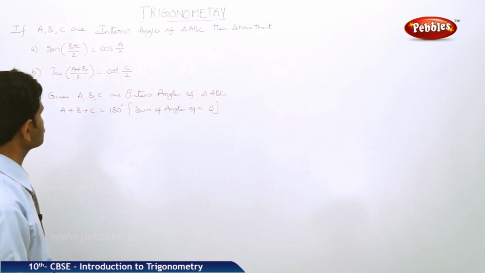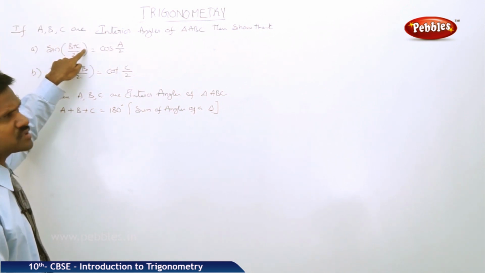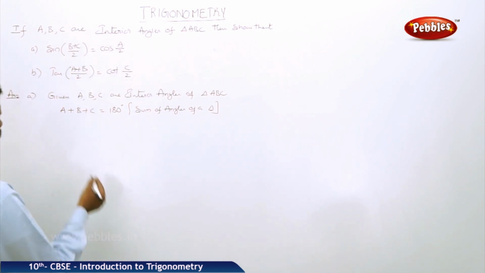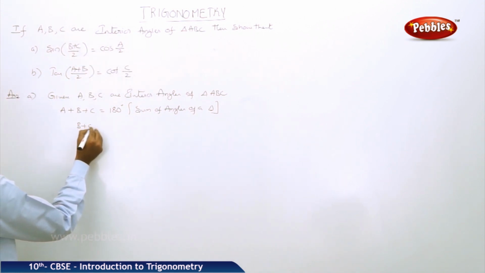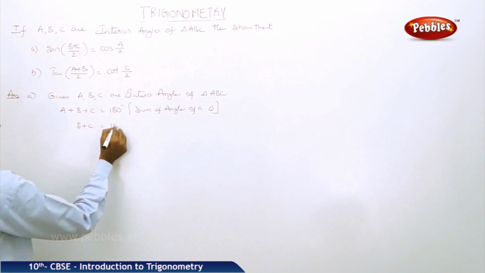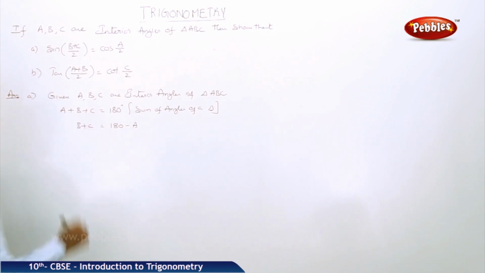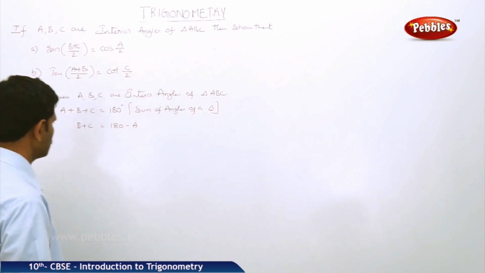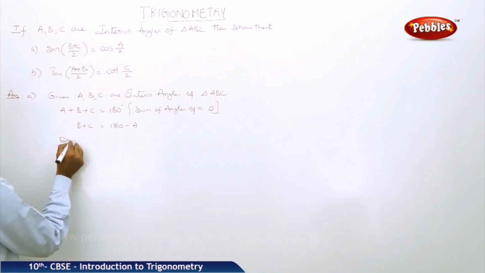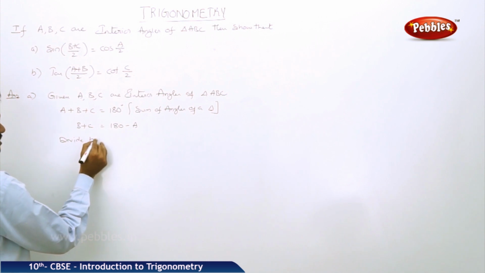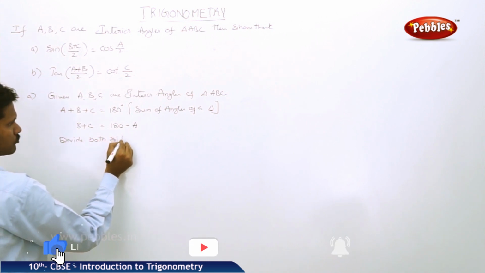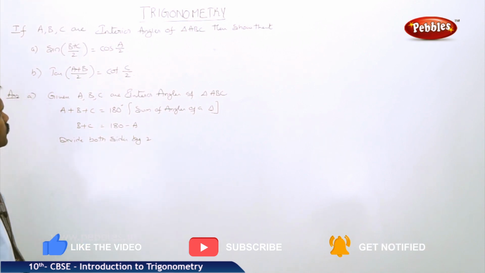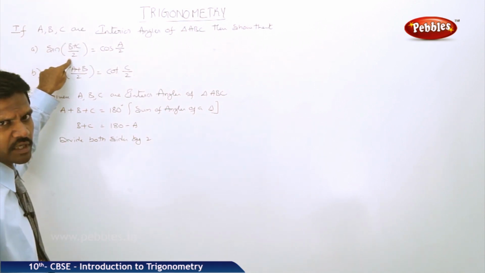Now, according to the question, B and C are grouped and A is separated. B plus C is equal to 180 minus A. Now, divide both sides by 2. Why? B plus C is divided by 2 in the question.